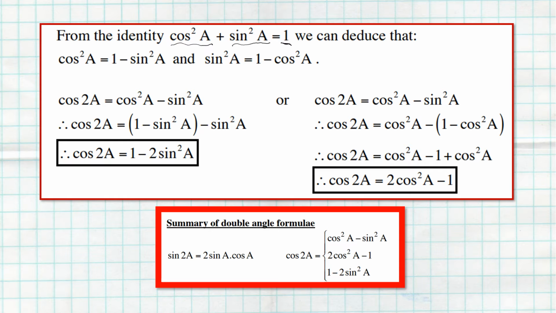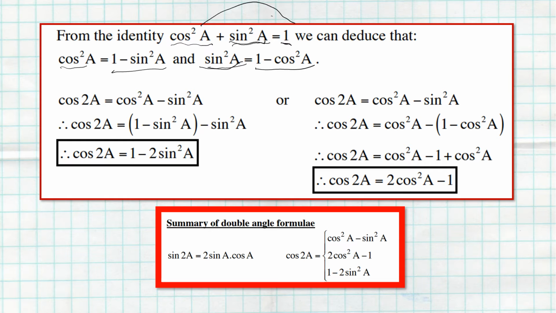So from that identity, we can deduce that cos squared a is equal to 1 minus sine squared a, if we take the sine squared to the other side. Similarly, if I want to solve for sine squared a, I take cos squared a to the other side, so sine squared a is the same as 1 minus cos squared a.